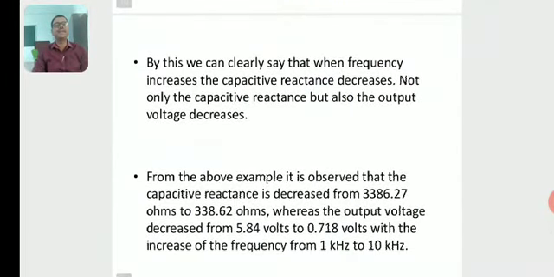By this we can clearly say that when frequency increases, the capacitive reactance decreases, and not only the capacitive reactance but also the output voltage decreases.